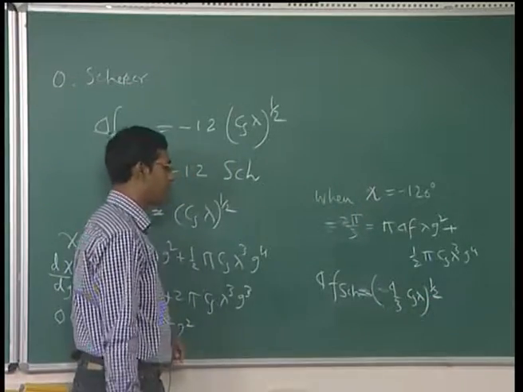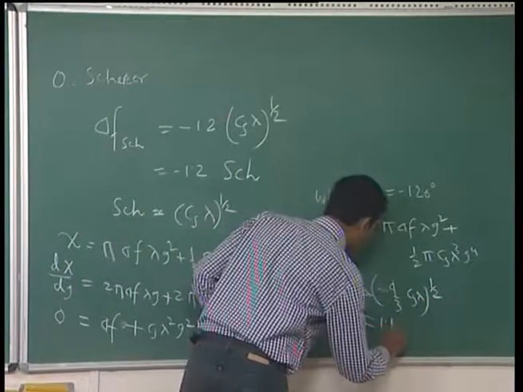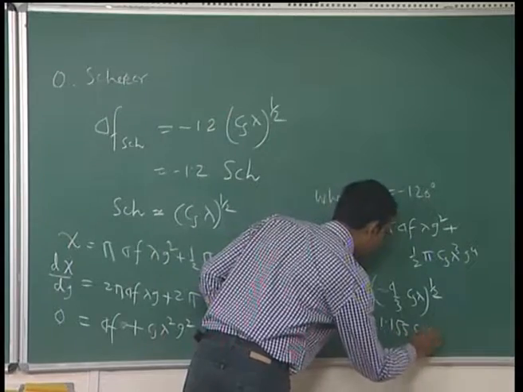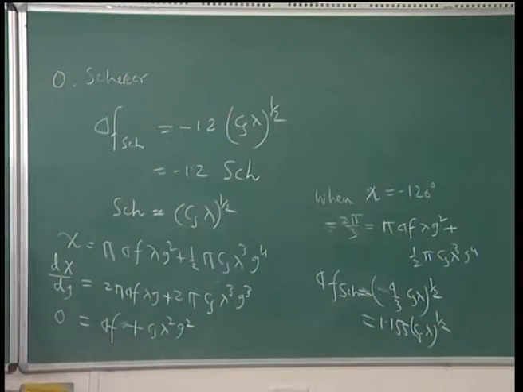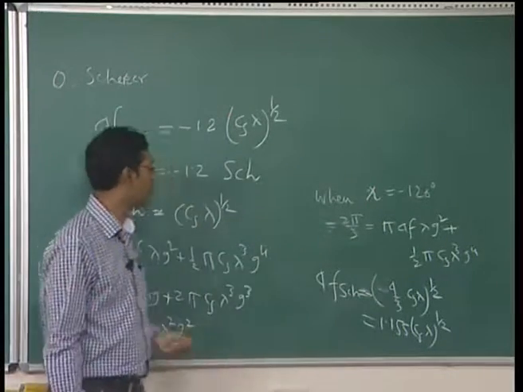So that becomes 1.155 Cs lambda to the power half. That can be easily derived this way, just by putting the first derivative of psi with respect to g to be 0 for a particular value of psi, that is 120 degrees, because at 120 degrees sin psi is equal to minus 1.